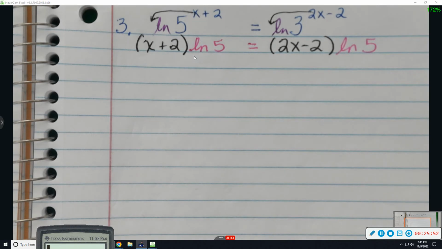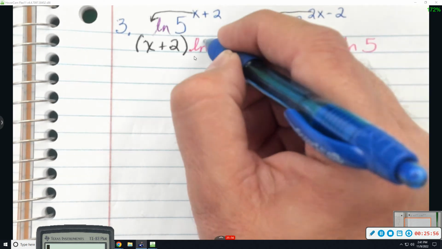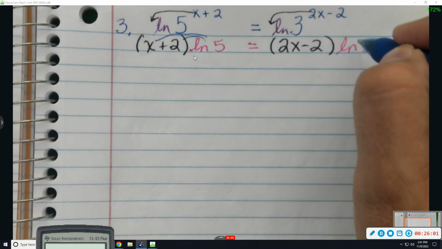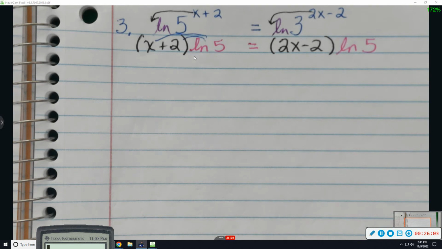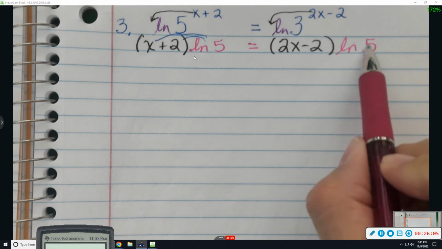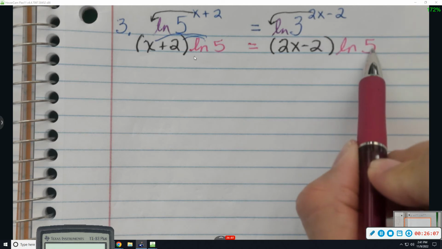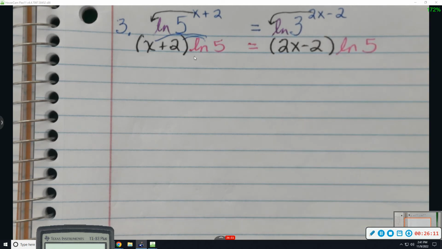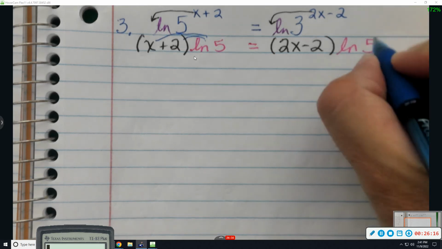Now, we distribute the ln 5 just by sticking it at the end of each one of these terms. Oh, I messed up. This ln 5 right here, it should have been a 3. Now see, I'm going to make the correction in blue.